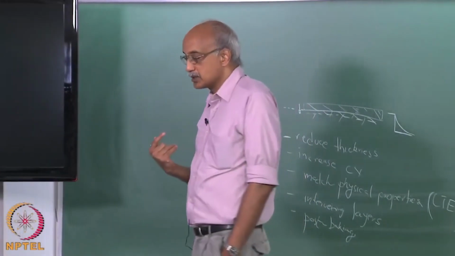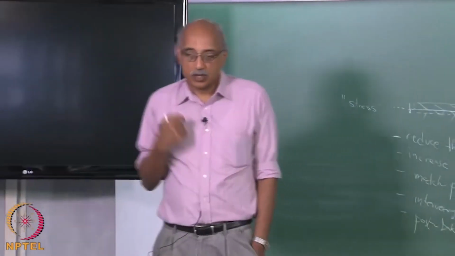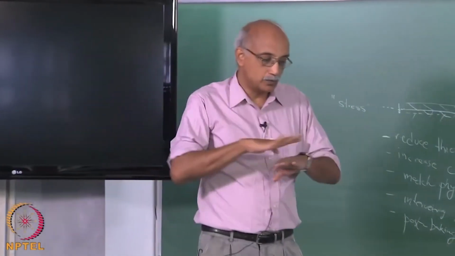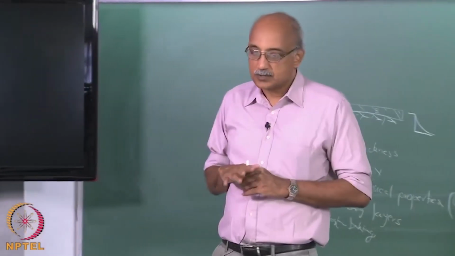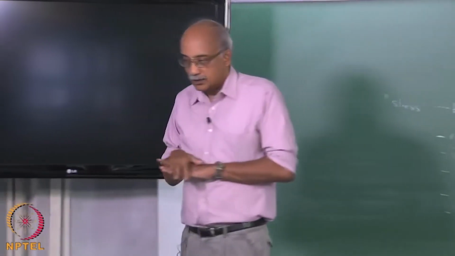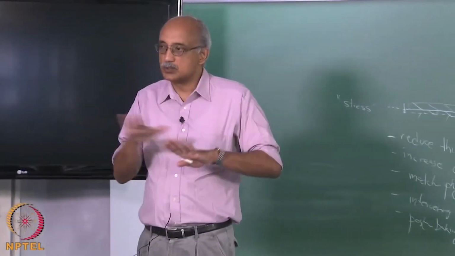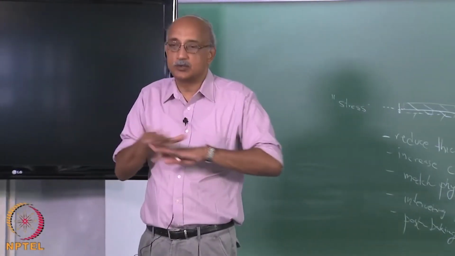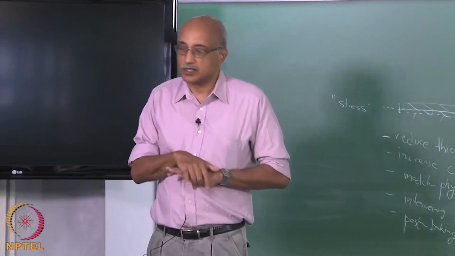And the third problem is what is known as galling. Galling is where when you have two metals that are of somewhat comparable hardness and they slide on each other, they both tend to lose material and they actually tend to stick to each other because of deformation.